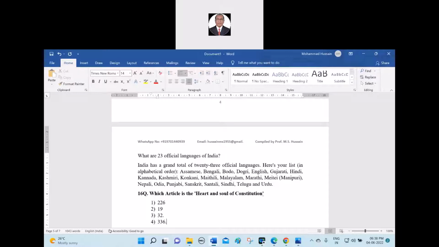For example, they write quo warranto first, then mandamus, then habeas corpus. The actual order is habeas corpus, mandamus, certiorari, quo warranto, prohibition. That is the sequence, to my knowledge. Of course, please check it.